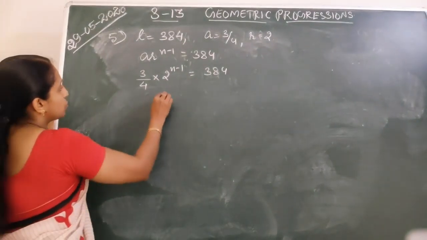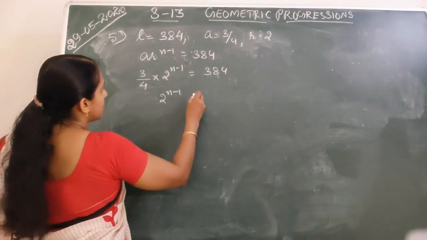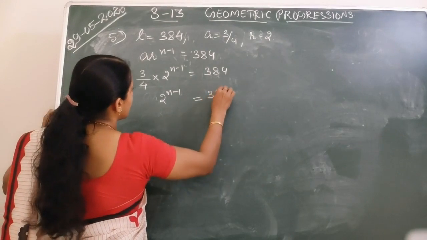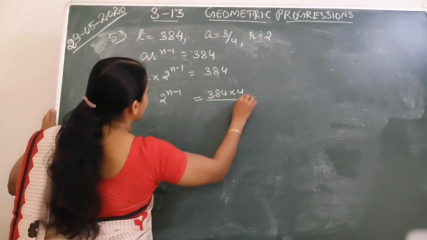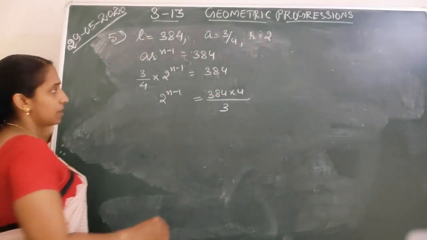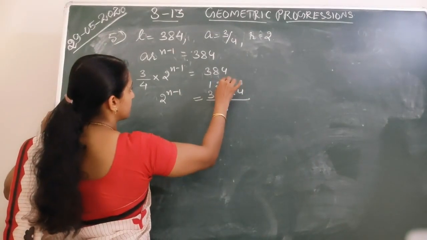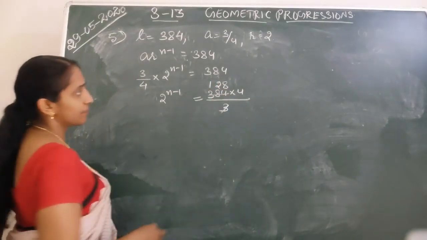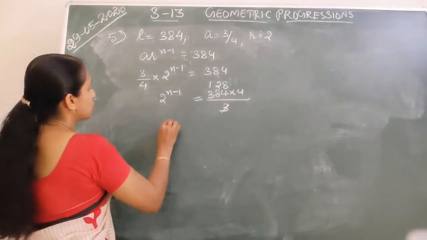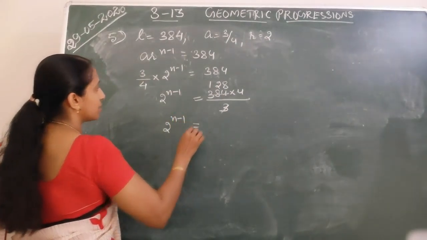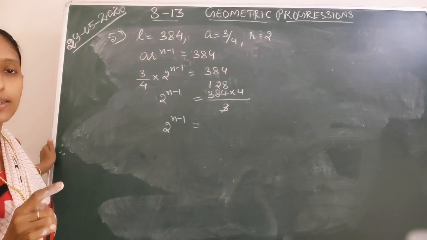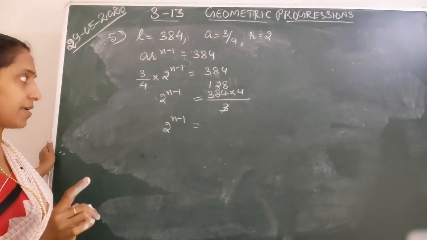2 power n minus 1 will be equal to 384 into 4 by 3, and you will cancel it. So 2 to the power n minus 1 is equal to 128. You know what is 128? 2 to the power 7.